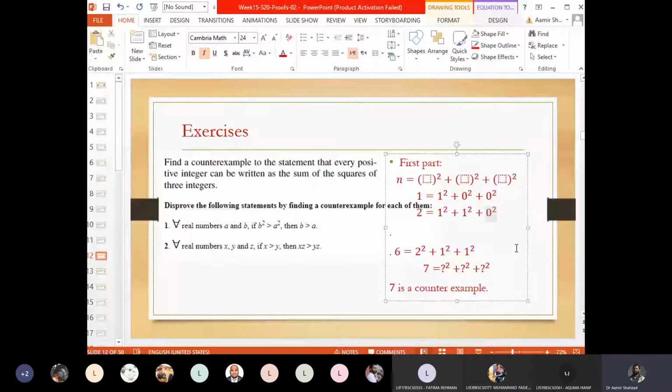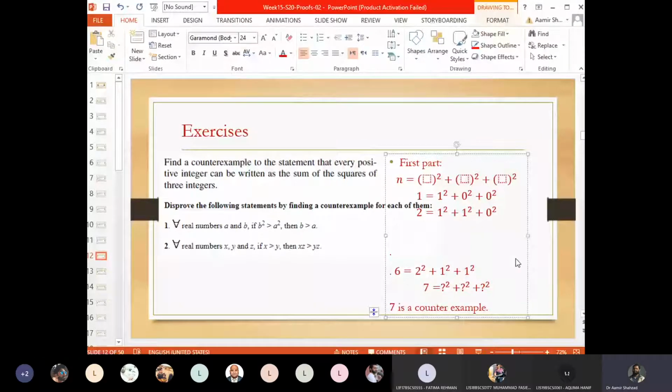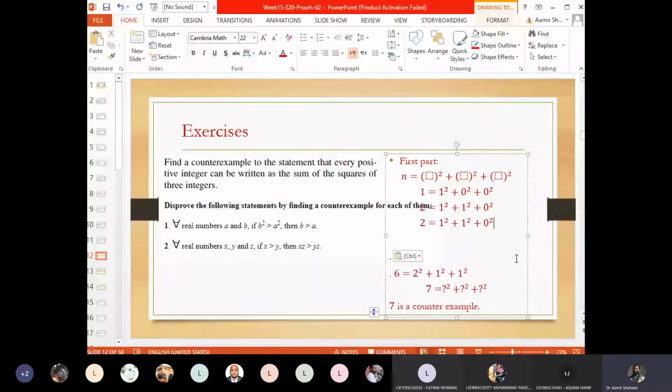That's true. How about three? 3 can be written as 1 square plus 1 square plus 1 square.